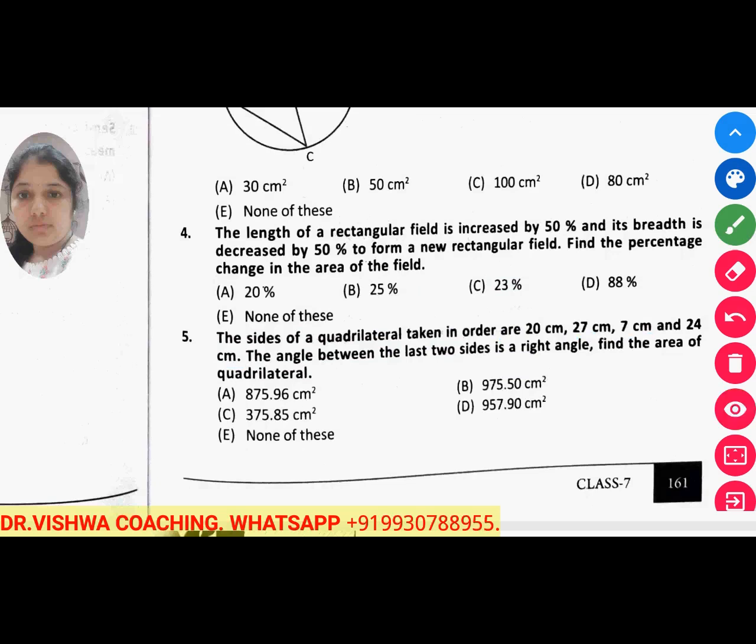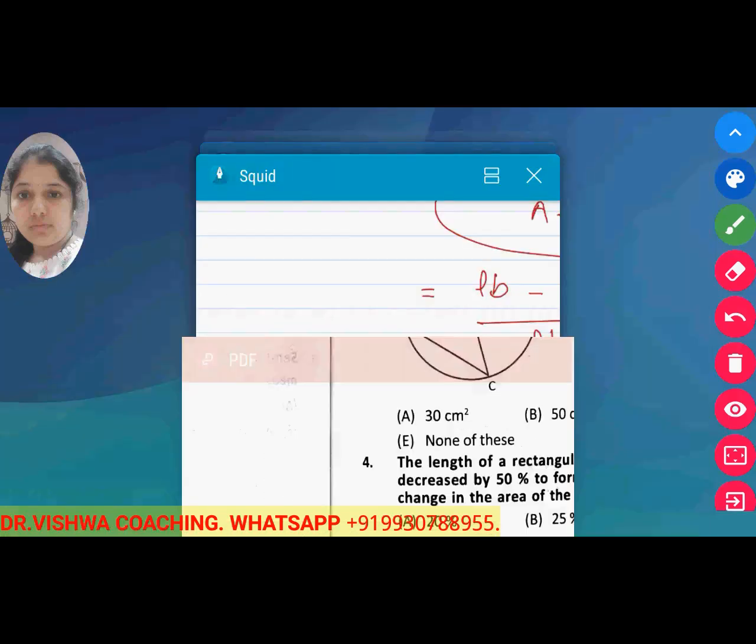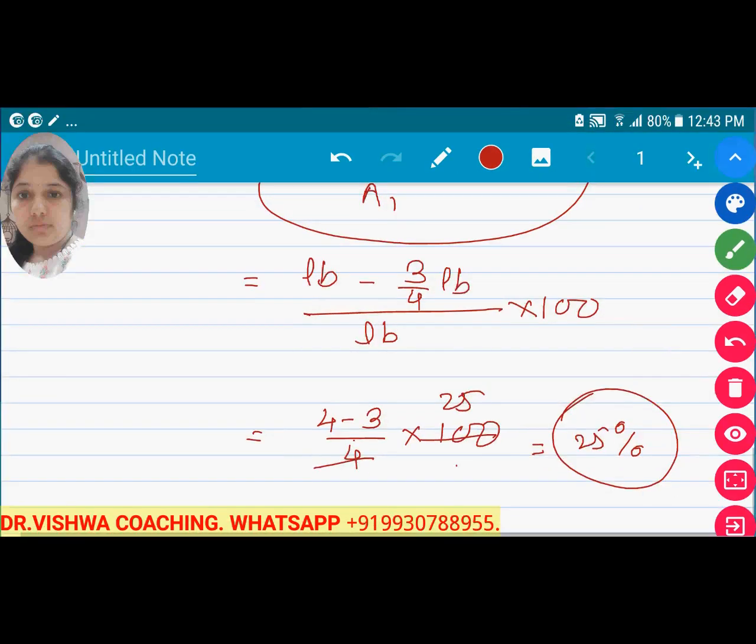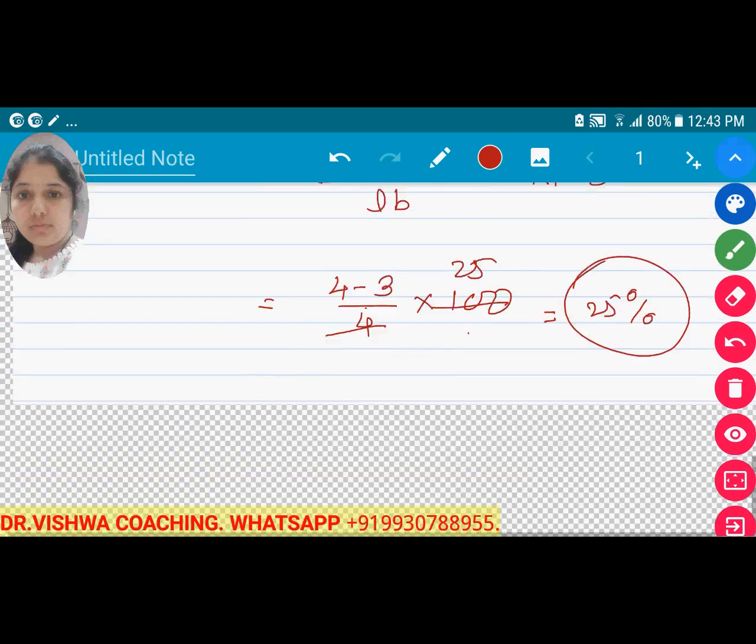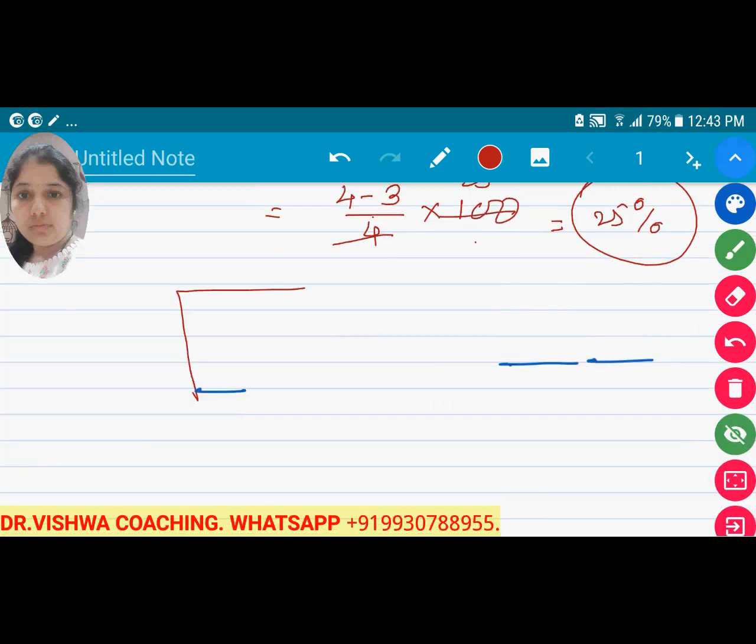Now see, we have to draw one quadrilateral where one angle is a right angle, which is in between the last two sides, that is 7 and 24.